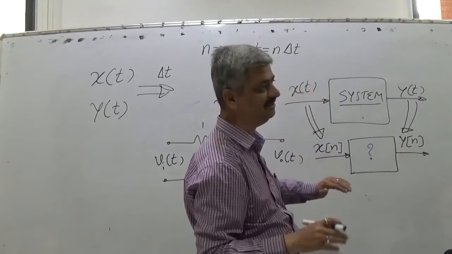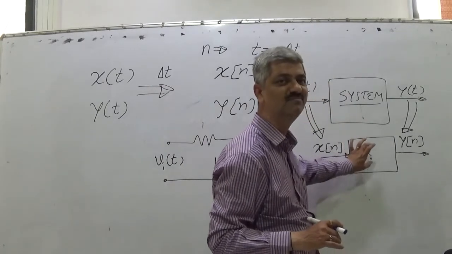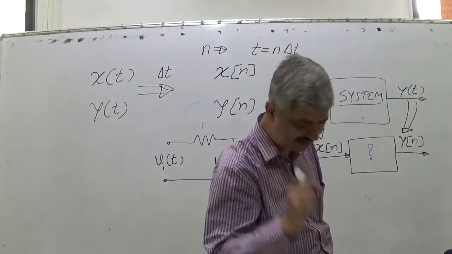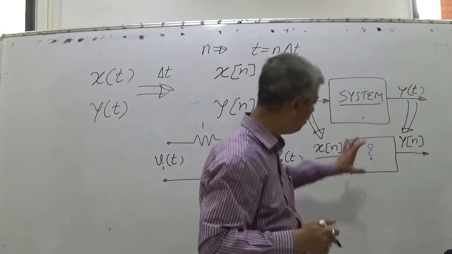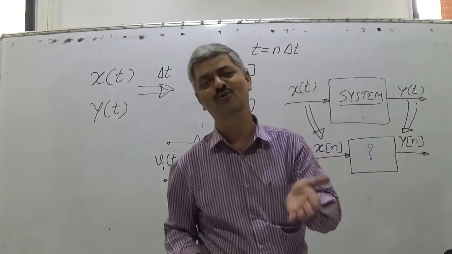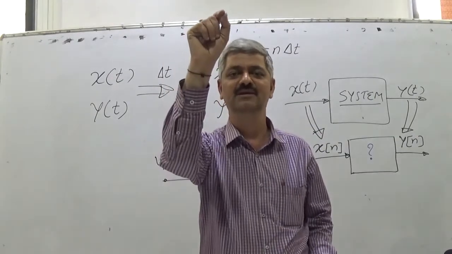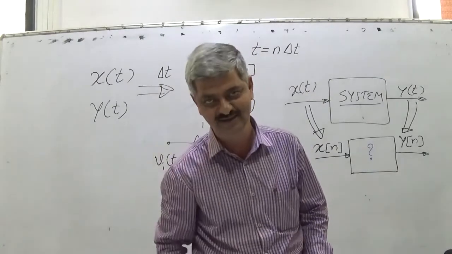If you change Xn, what kind of relationship, this question mark, what is a system, is to be found out by us. Based on Xn, when you model the system, you can go easily to Xt just by sampling, keeping the same value for some time, by using a digital to analog converter.